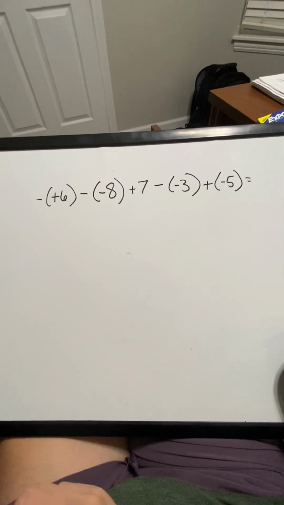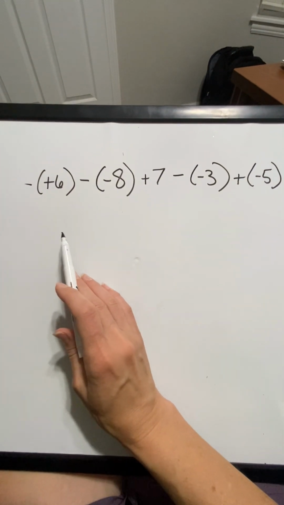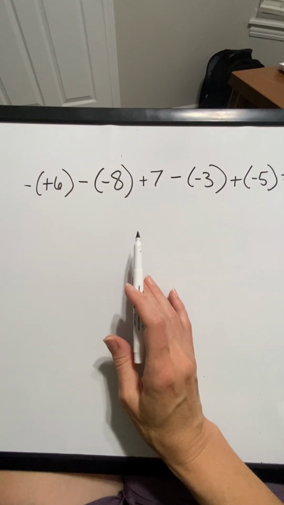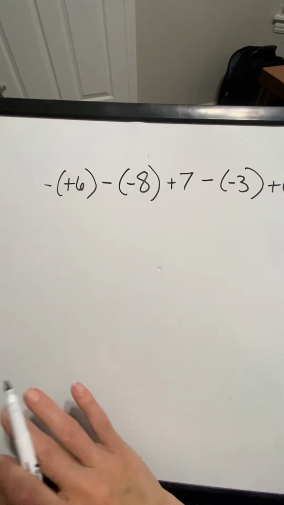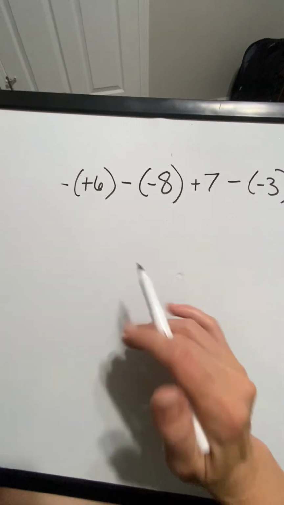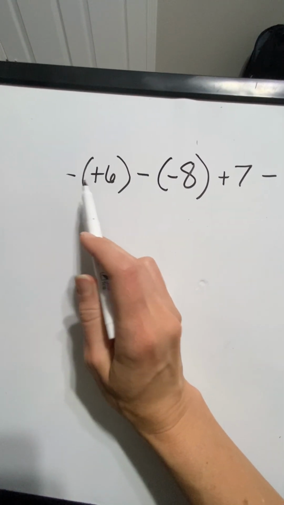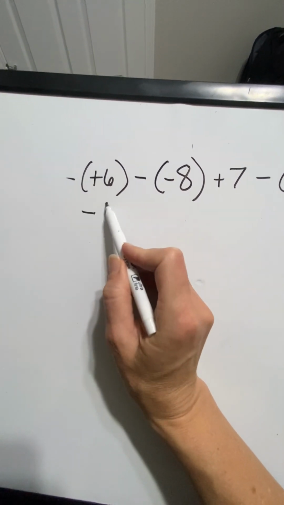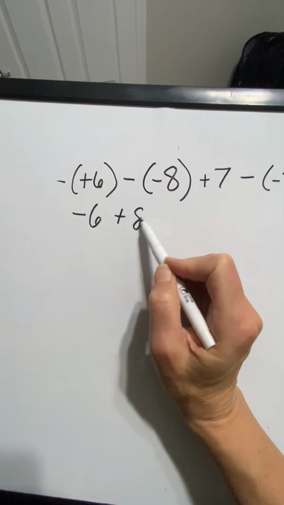Okay, so big long question here. So negative 6 minus negative 8 plus 7 minus negative 3 plus negative 5. Okay, so I'm just going to start from left to right, and anytime that I have two signs, I'm going to simplify those. So a negative and a positive, negative 6. A negative and a negative is a positive 8.